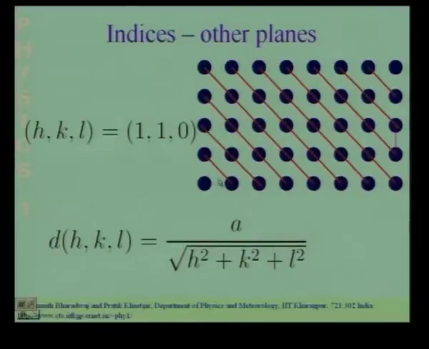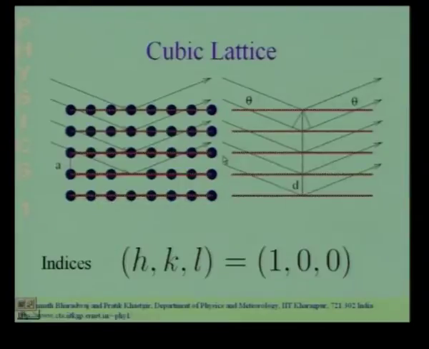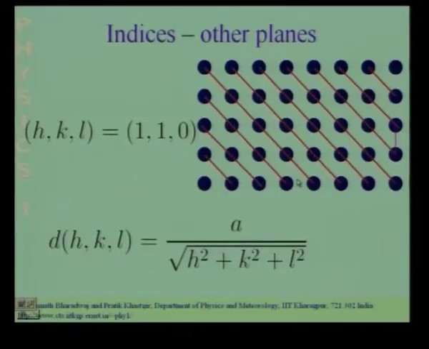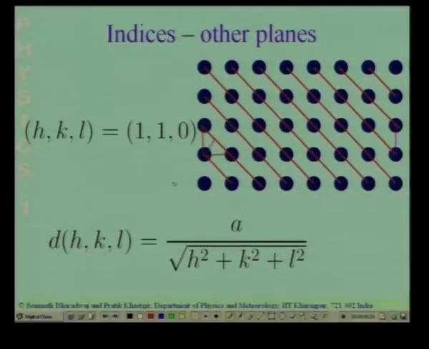Now, the next question is, what is the interplanar spacing corresponding to these planes? For these planes, the interplanar spacing is exactly the same as the interatomic spacing, it is a. For these other planes, if you apply Pythagoras theorem, you can calculate the interplanar spacing, and you can see that it is 1 by square root of 2 times the interatomic spacing.